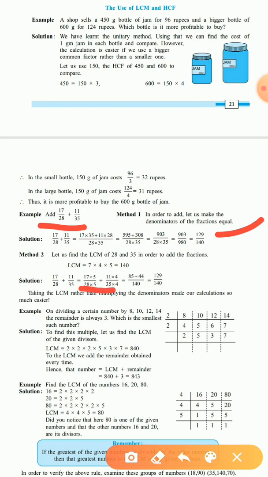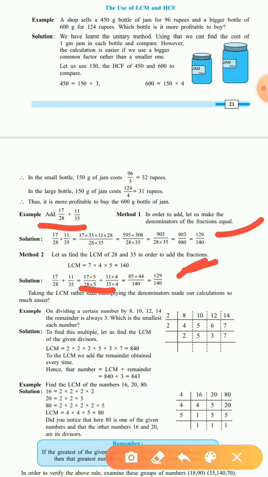Both denominators are 140, so we add the numerators. 85 plus 44 equals 129 upon 140, this is the answer. Taking the LCM rather than multiplying the denominators makes our calculation so much easier.